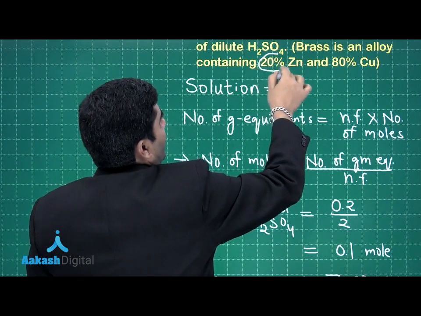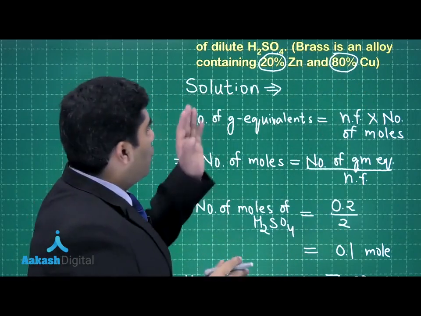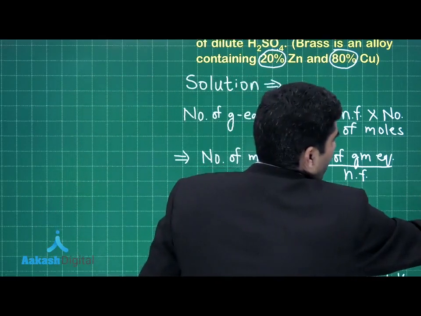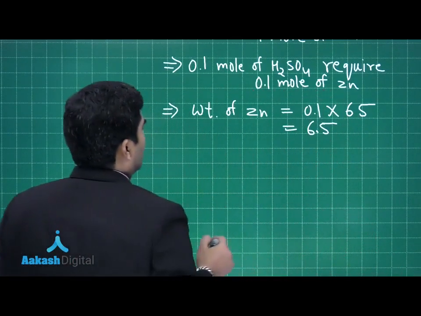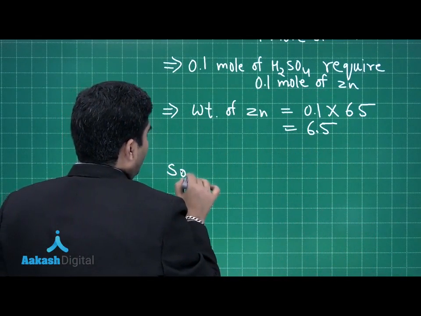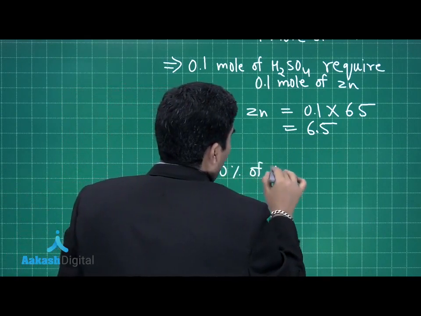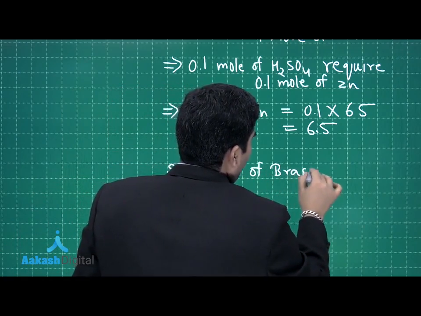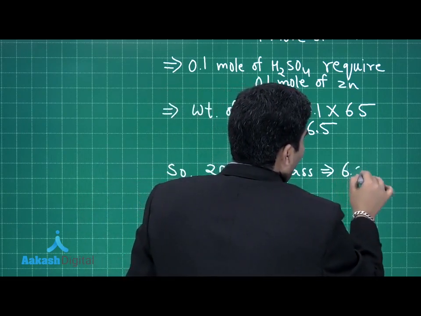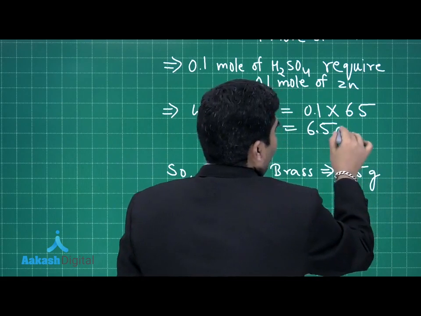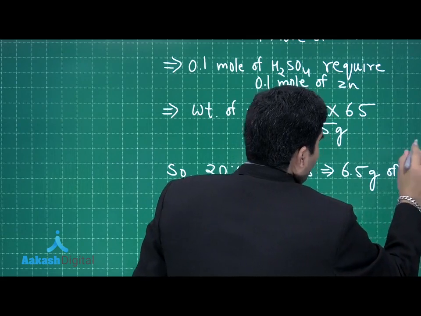Now zinc is 20% and copper is 80%, means they are present in a 1:4 ratio, and that ratio will definitely not change. So we can say that 20% of brass corresponds to 6.5 gram of zinc.